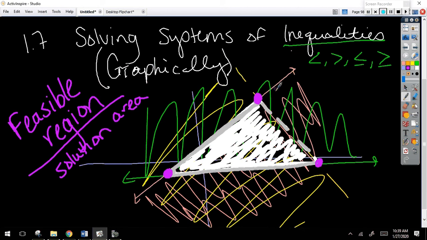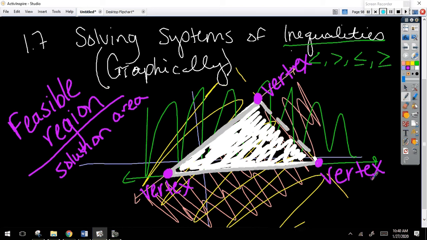Somebody said vertexes, but vertices, these are your vertices of your feasible region. And this is going to be very important when we get to the next section where we're doing linear programming, because we're actually going to have to calculate the values of those vertices. But for right now, we just know that those are vertices.